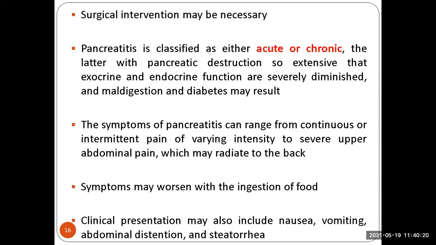The symptoms of pancreatitis can range from continuous or intermittent pains, meaning some individuals have continuous pain, whereas in some individuals these can be in different episodes, and it also varies in intensity, and can be in the severe upper abdominal part, or in some cases it may radiate to the backside.